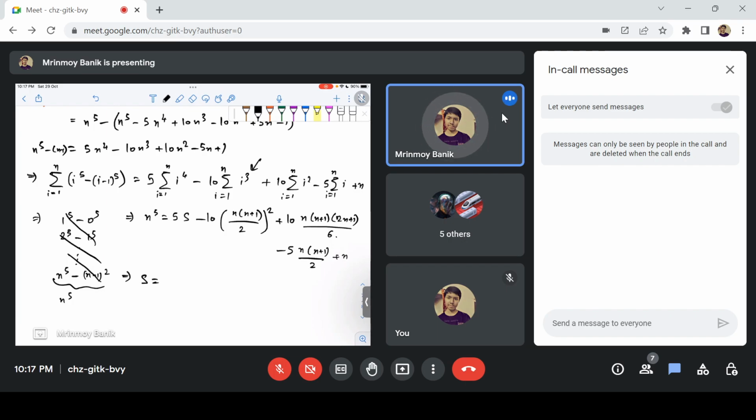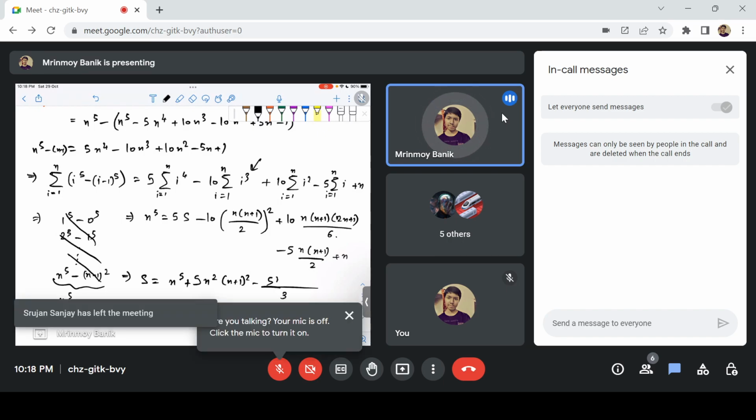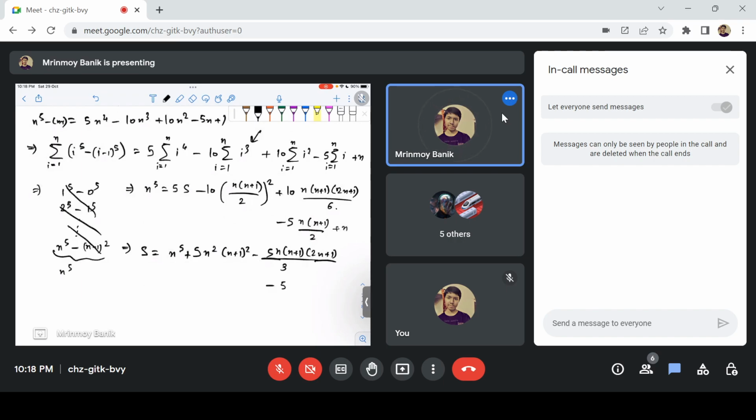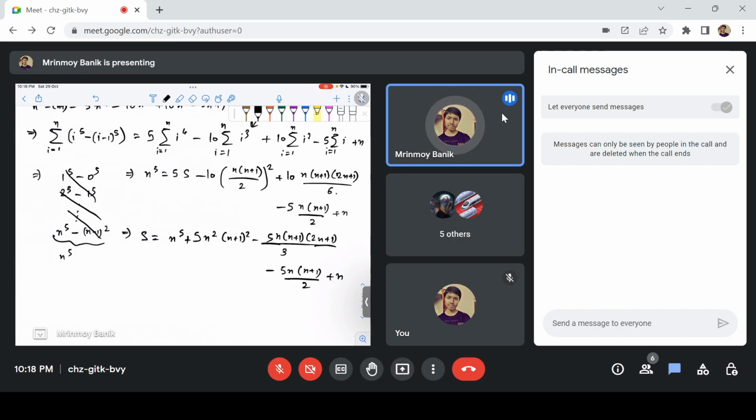So basically s equals n5 minus 10 times n squared into n plus 1 squared by 2, plus 10 times n into n plus 1 times 2n plus 1 by 6, minus 5n times n plus 1 by 2 plus n, this whole thing divided by 5.